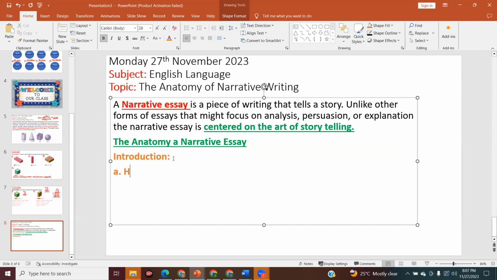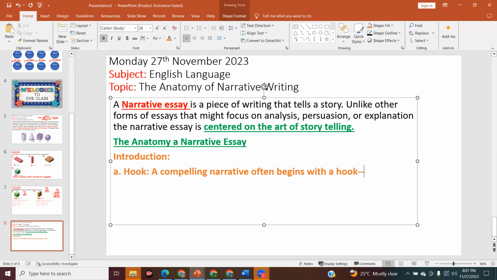So you want to basically start the essay in a compelling way. A compelling narrative often begins with a hook.